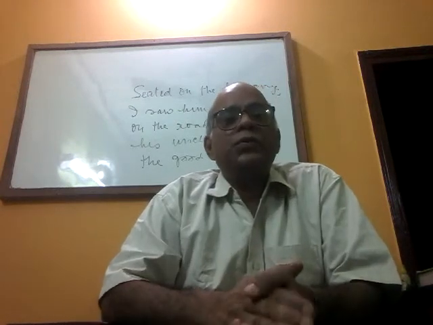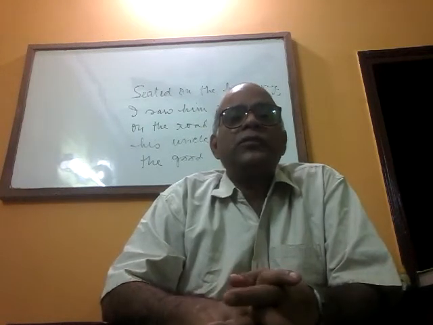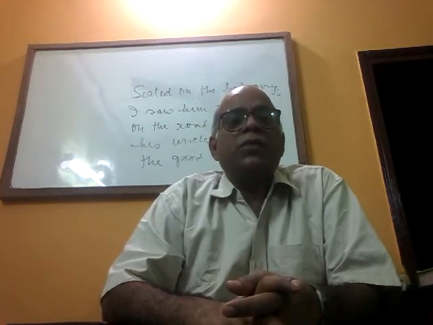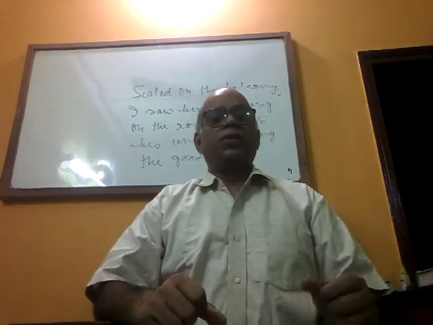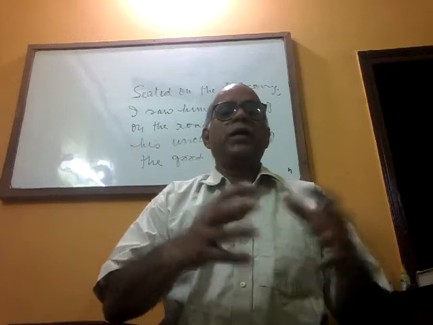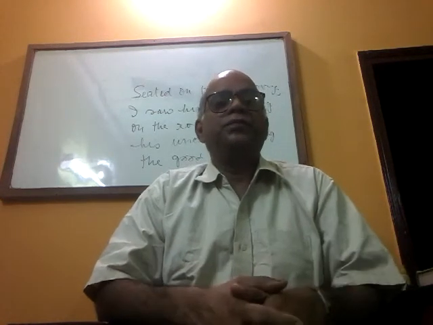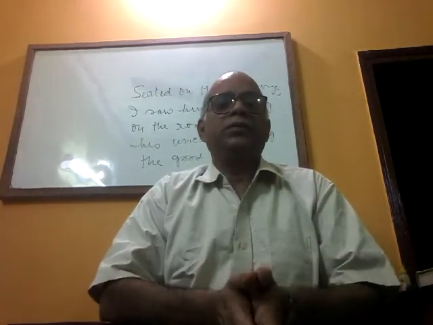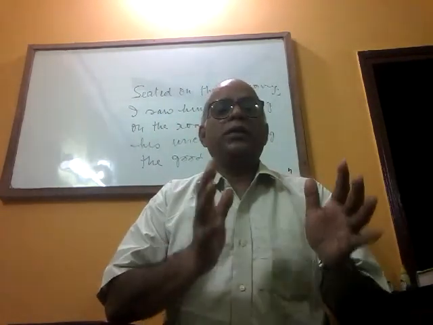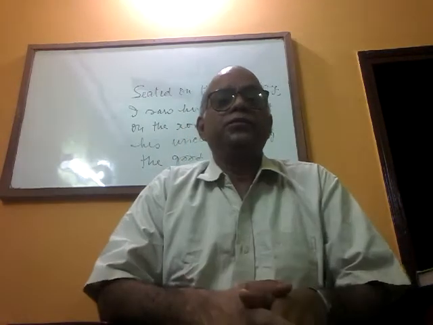Then we go to the third form of compound, which is the detached compound. Some words are normally used side by side in a sentence, but they have no visible link between them. Together they give one different meaning.